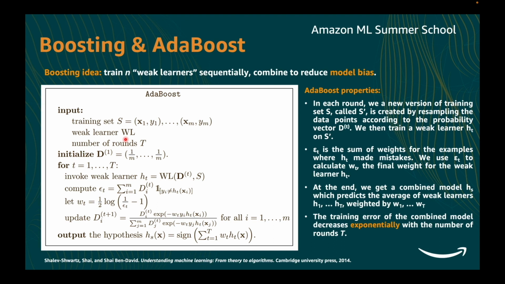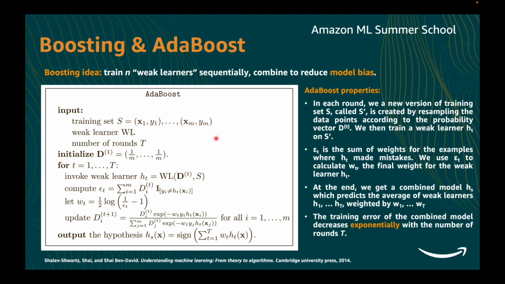What you do is you initialize a vector at the very start, at the very first round. It's a probability vector, so it's going to have probability values, all of them being 1/m, and there are m of these values, right? m here is your number of data points.